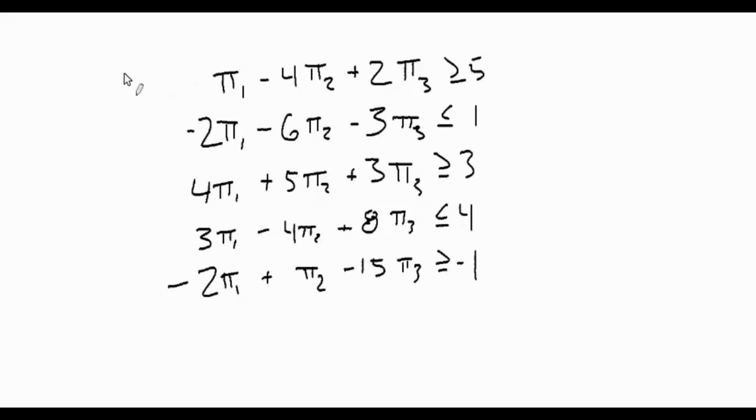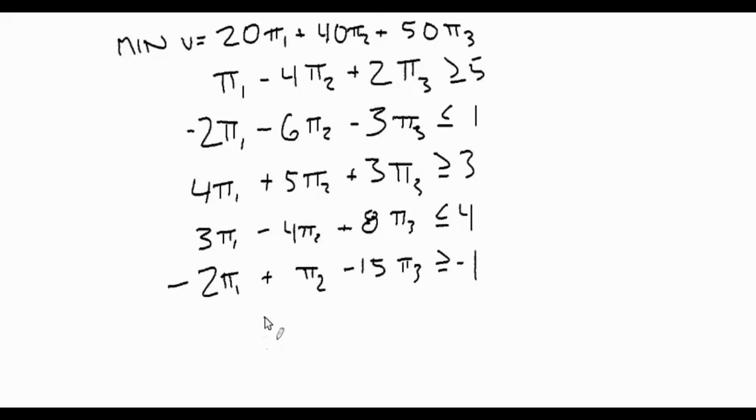So our dual will be minimize v is equal to 20 pi 1 plus 40 pi 2 plus 50 pi 3.